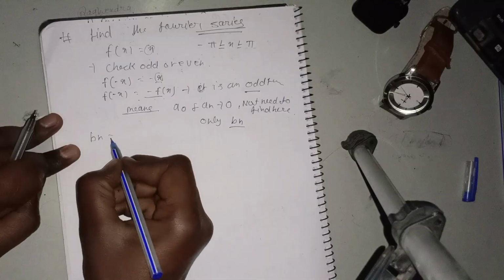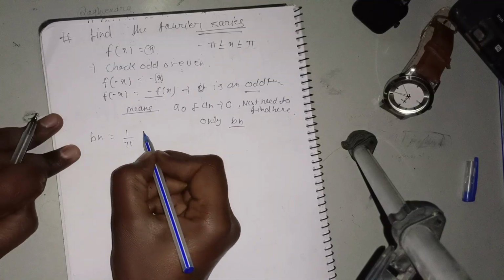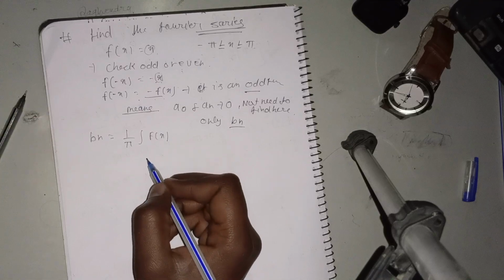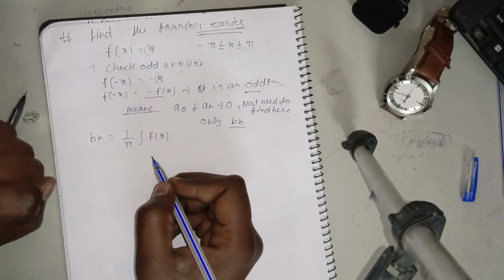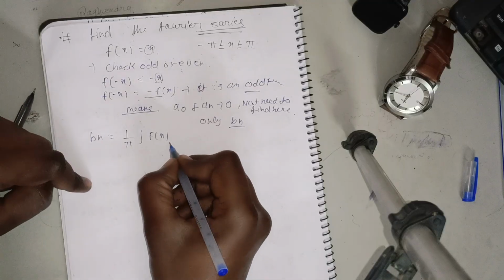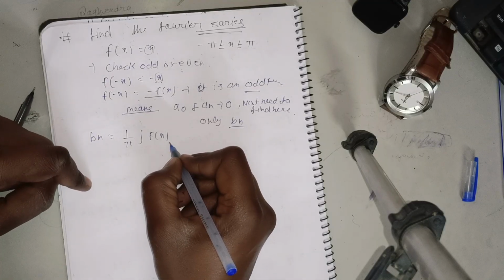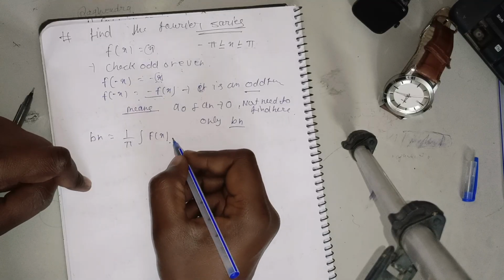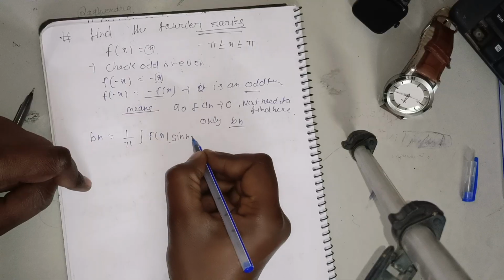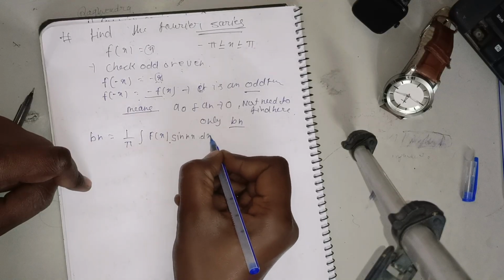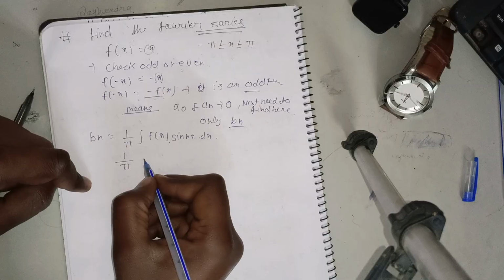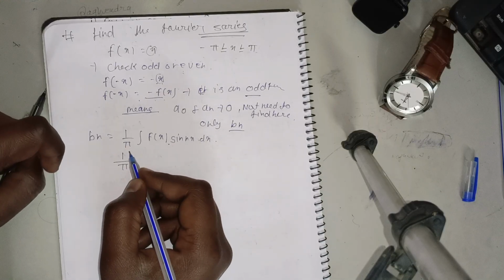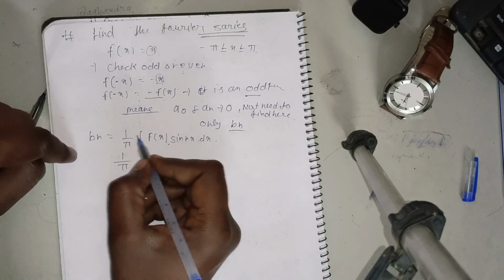So the formula for bn is 1 upon pi integration of f of x sin nx dx. But here the formula is 2 upon pi.